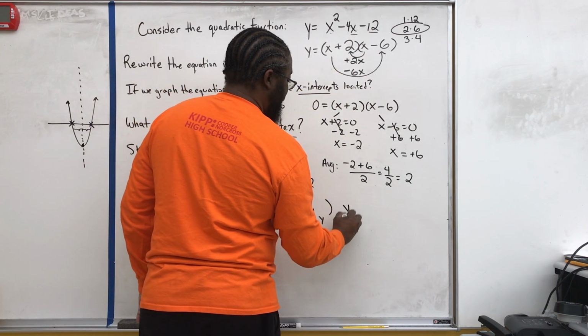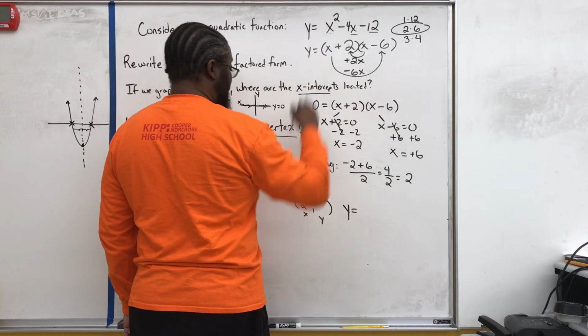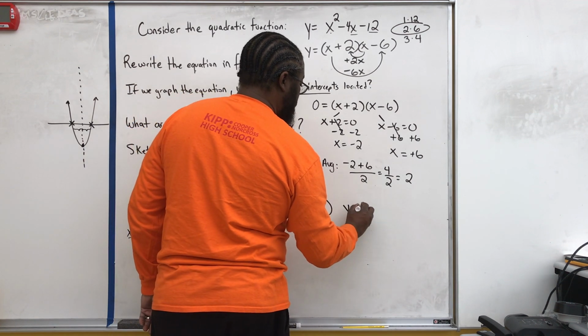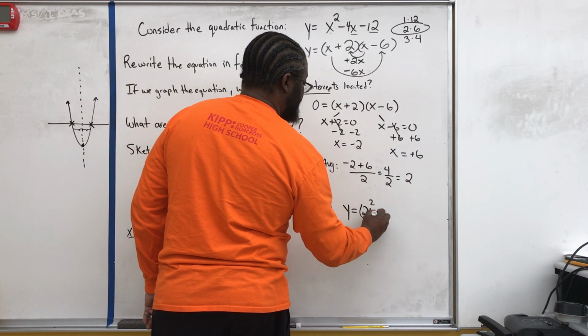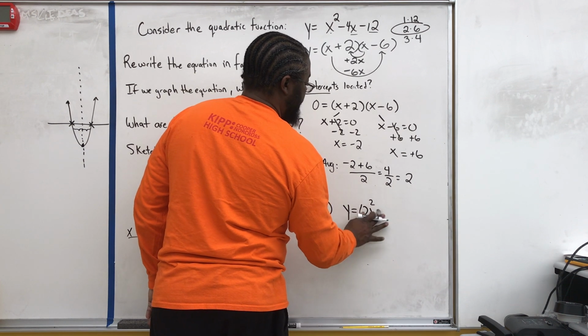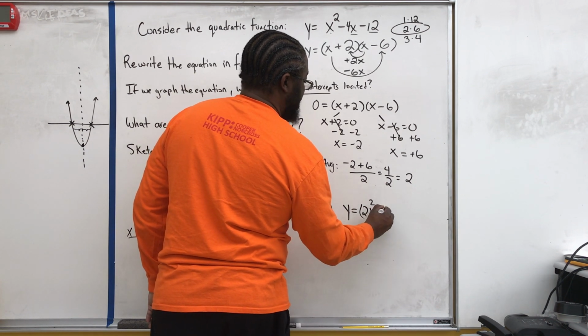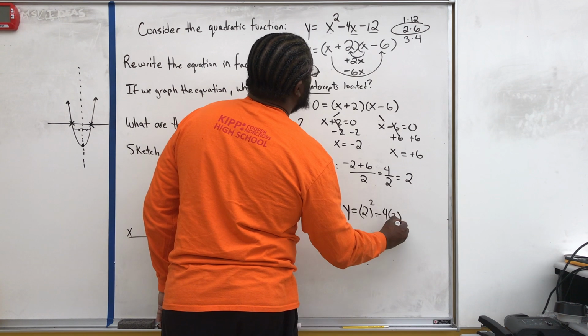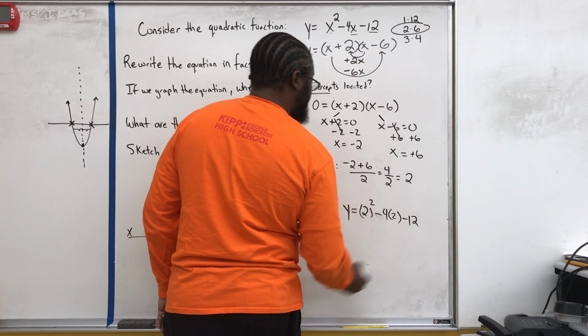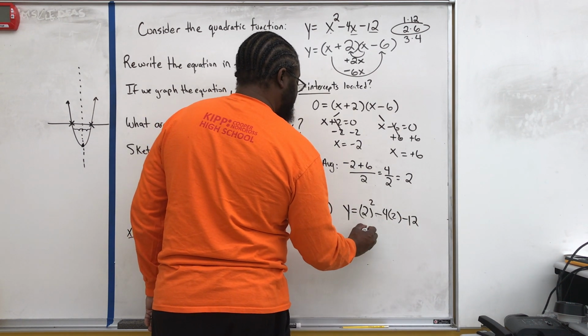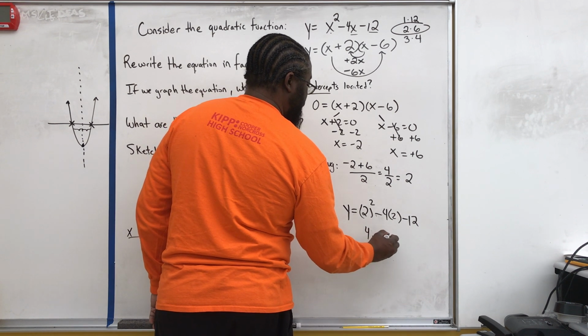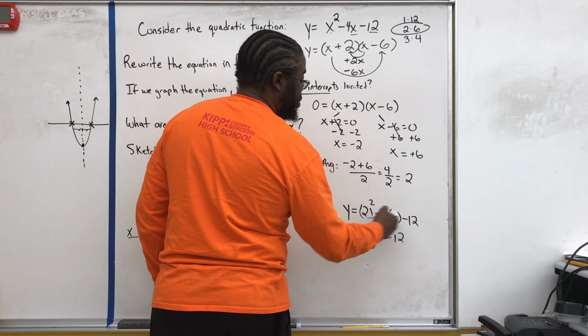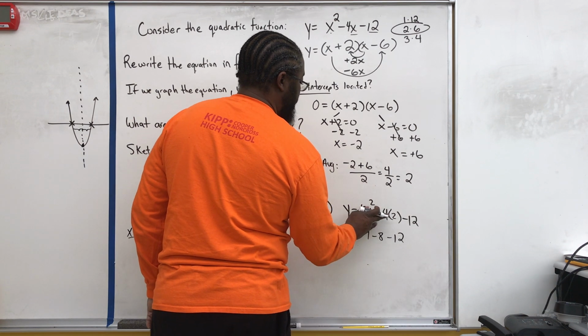So y equals, everywhere I see an x, I plug in 2 squared minus 4 times 2 minus 12. This is 4 minus 8 minus 12. We don't have to do this in our head. We can use our calculator.